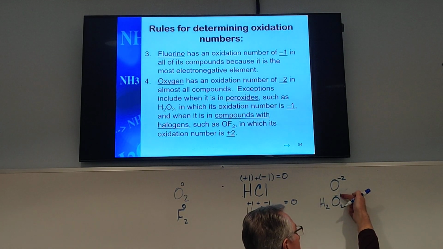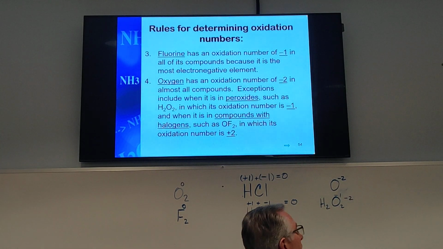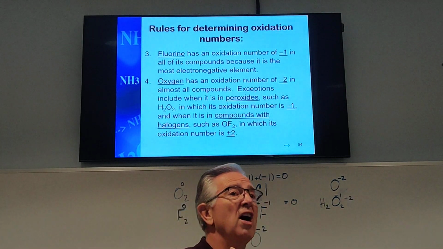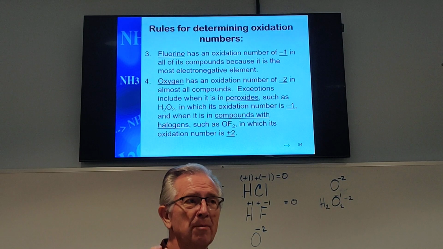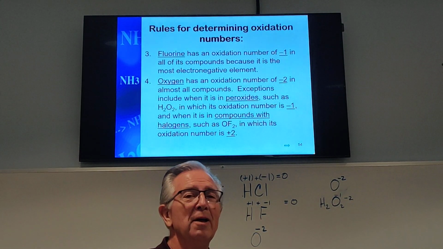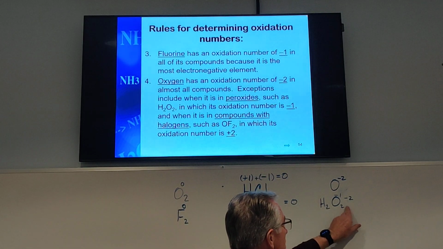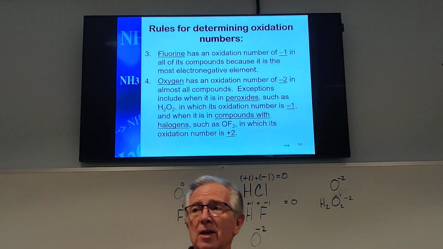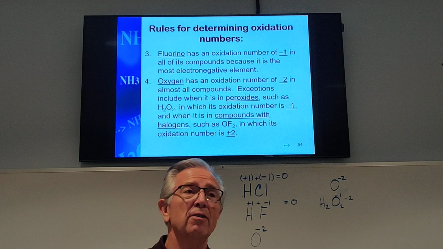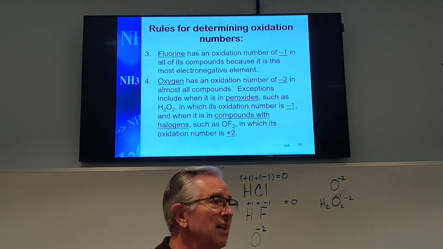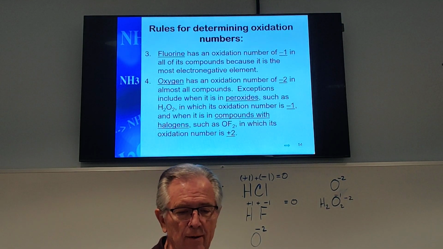If it's a peroxide, -1 is its oxidation number. Remember, oxidation number, I keep saying this over and over again, is for each atom. This is the total charge for both of them together. Both of them together is a -2, but each one has to be a -1.